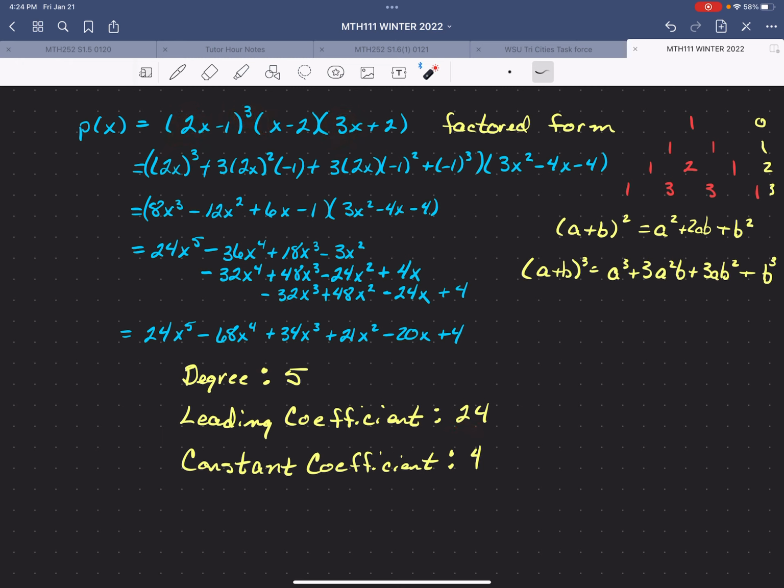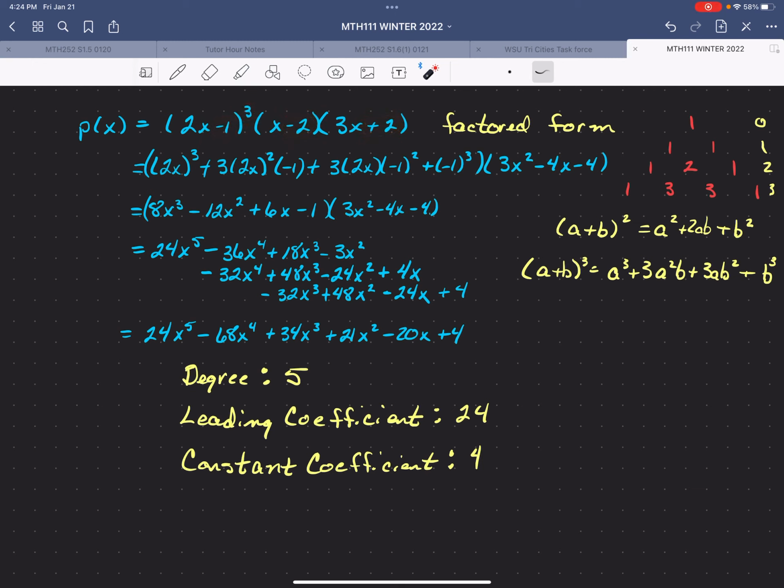And let's think about where this 4 came from. This 4 came from negative 4 times negative 1, but where did that come from? Well, that came from negative 1 to the third times negative 2 times 2. So negative 1 to the third is negative 1, times negative 2 is 2, times 2 is 4.